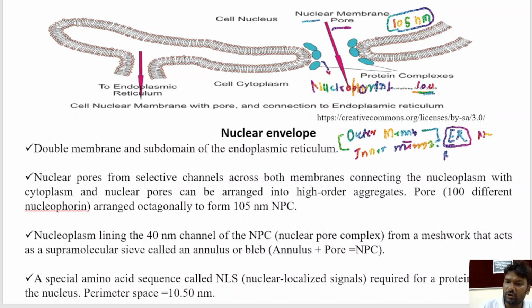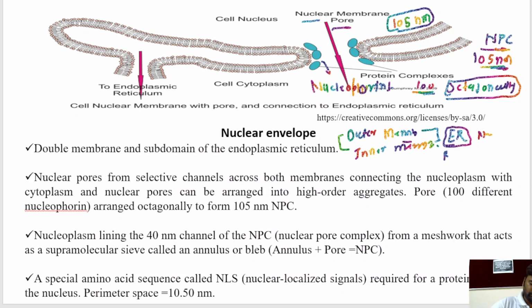These nucleoporins are arranged octagonally and form a 105 nanometer nuclear vortex. So friends, these act as a supramolecular sieve. So the nuclear pore complex acts as a supramolecular sieve.